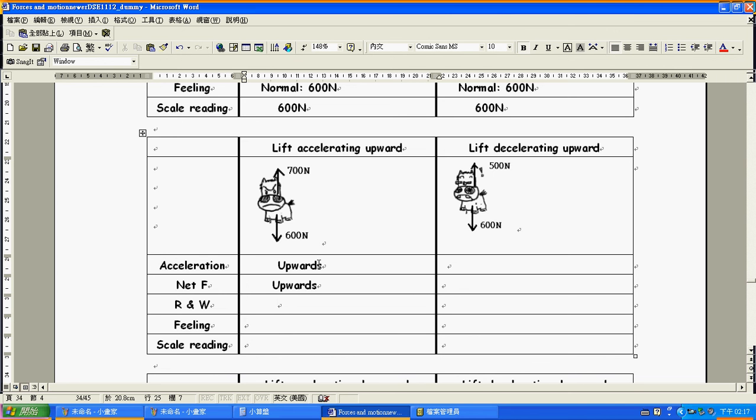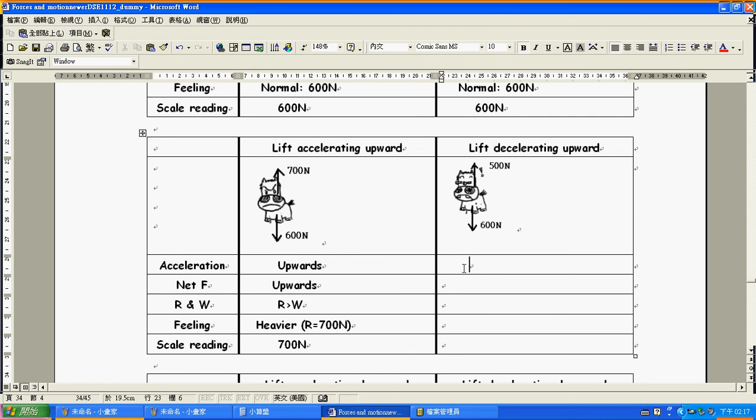And the relation between the normal reaction and the weight is that the normal reaction must be greater than the weight, and the feeling is heavier because R is equal to 700, larger than normal, and the scale reading is 700.